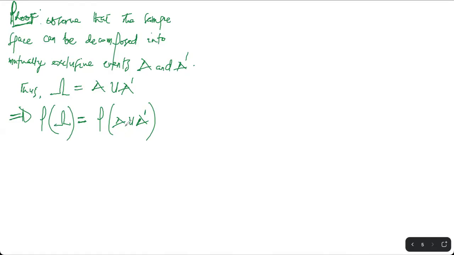In other words, you'll see that because the A and then the A prime are mutually exclusive, we can apply axiom 3 or the special additive law, right? So this is actually equal to probability of A plus probability of A prime.